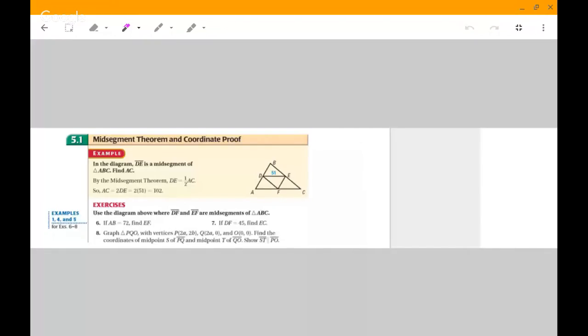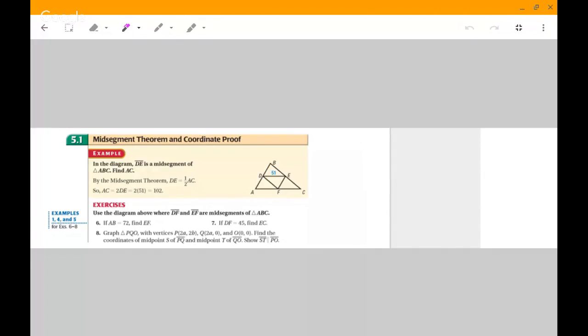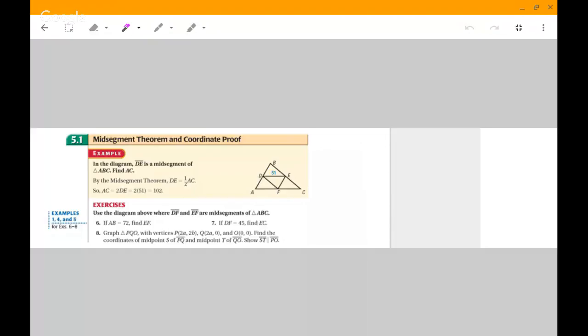Can you see it? Yes, ma'am. Okay. So we're using the same picture up at the top, and it says DF and EF are midsegments. And so number 6, if AB is 72, find EF. How is the midsegment related to that side that's 72? It should be 1/2 of it, right?